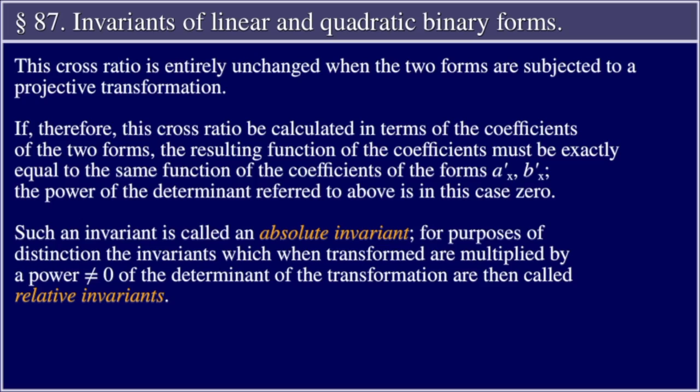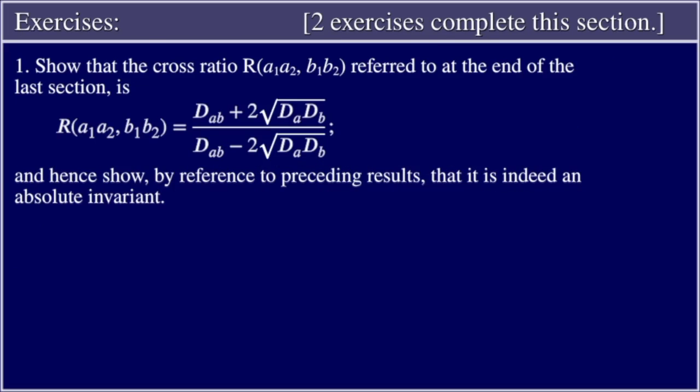The power of the determinant referred to above is in this case 0. Such an invariant is called an absolute invariant. For purposes of distinction, the invariants, which when transformed are multiplied by a power not equal to 0 of the determinant of the transformation, are then called relative invariants.